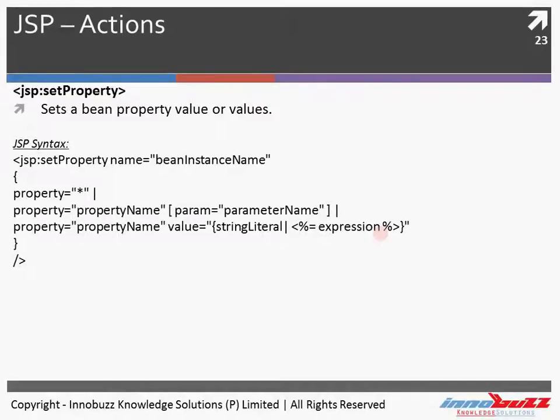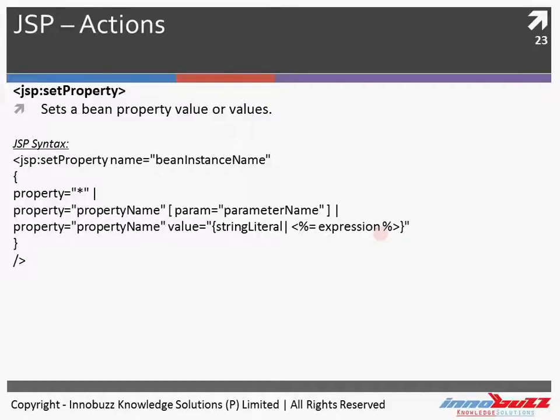This is the syntax where we have the JSP action setProperty with name attribute as bean instance name. If you see, this instance name will be the same instance name created in the useBean action which we saw earlier. Using this instance we can access the properties defined in the Java class.